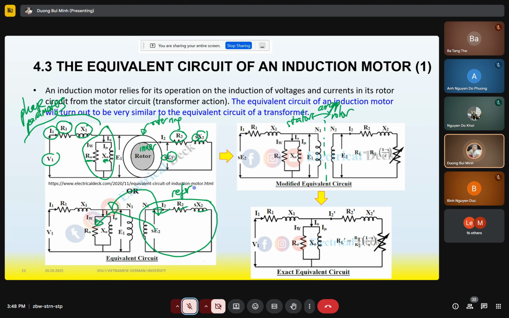So we need to refer the rotor parameters back to the stator. I2 referred back to the stator gives I2 over a, R2 over a, and so on. So we can get only one circuit. Now we have combined the stator and rotor together into one circuit. This is the idea.